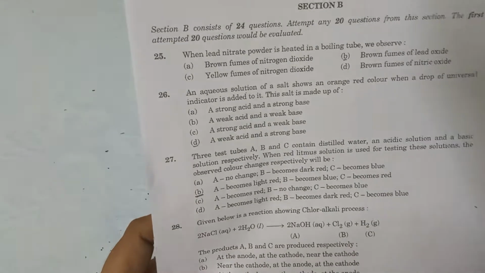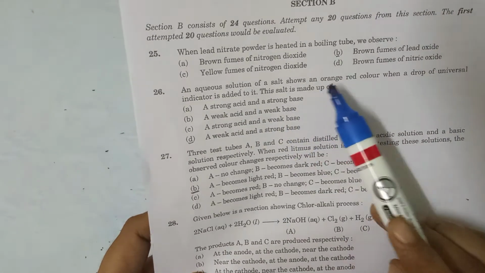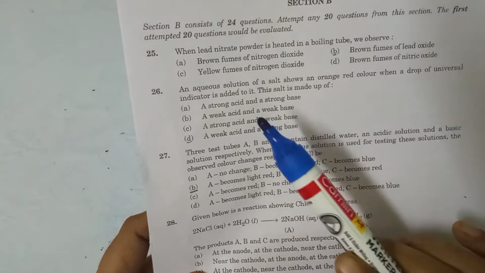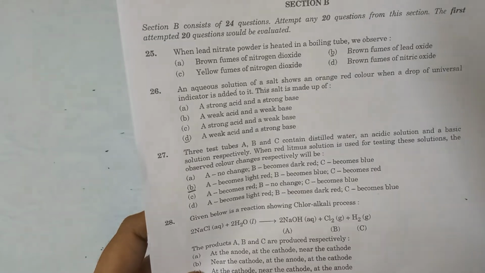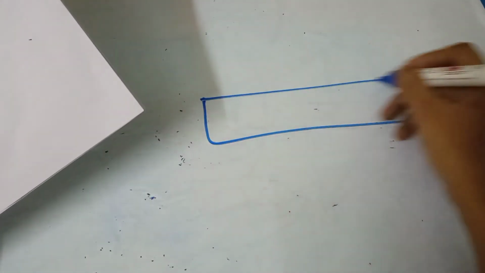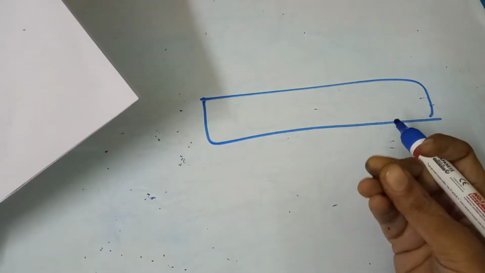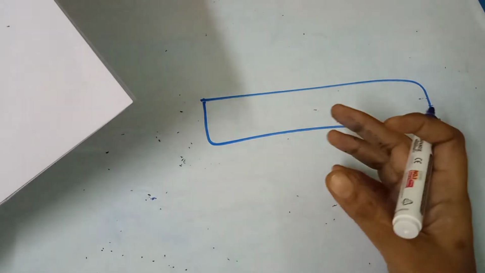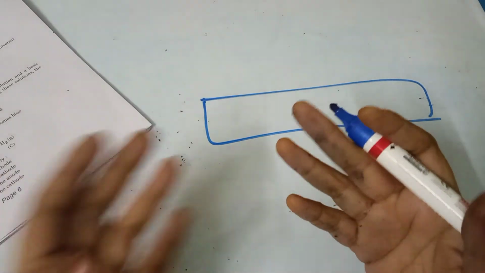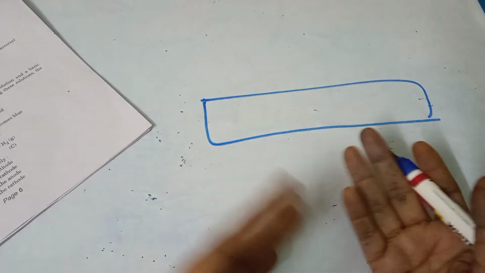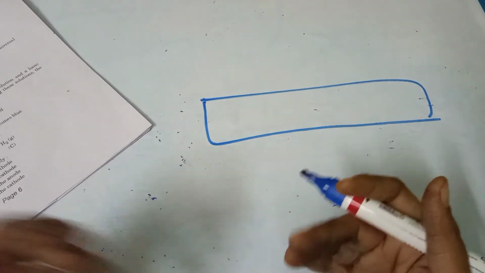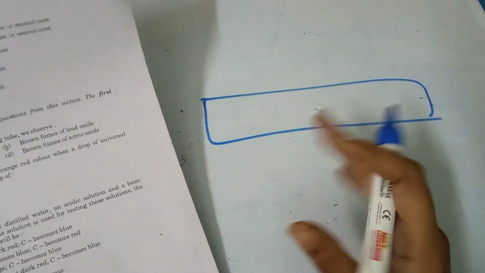In the 26th question, an aqueous solution of a salt shows an orange red color when a drop of universal indicator is added to it. This salt is made up of... When a salt is prepared by the combination of acid and base, sometimes strong base and weak acid, or both strong, the salt is the combination of base and acid.